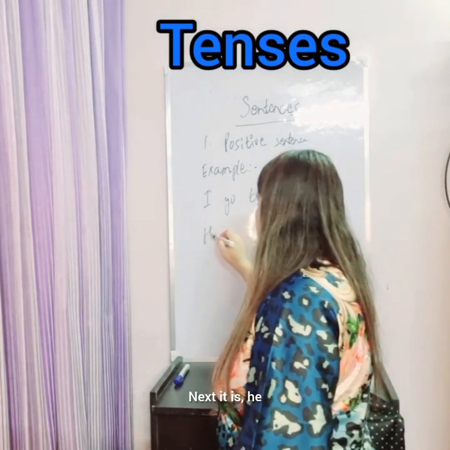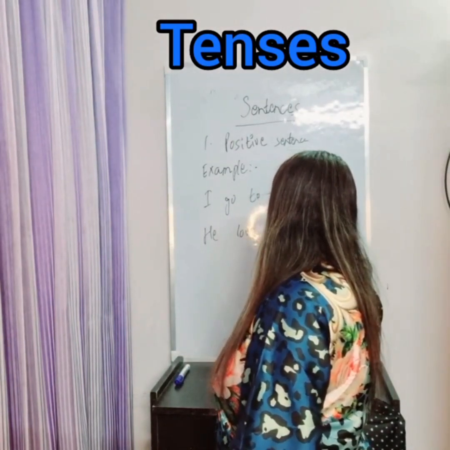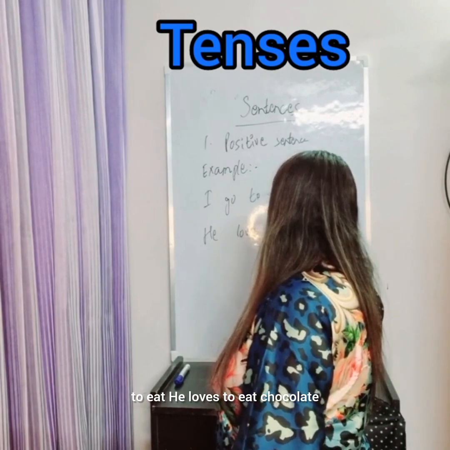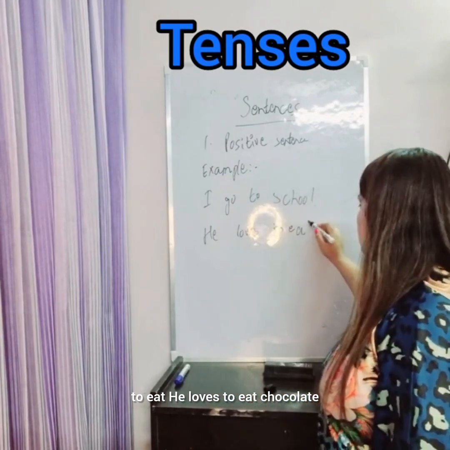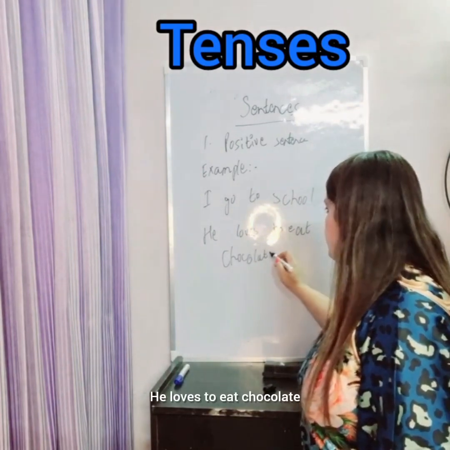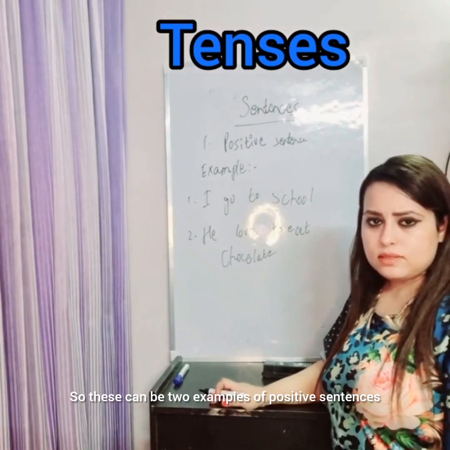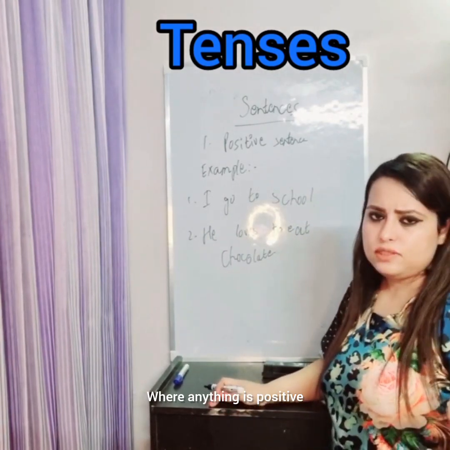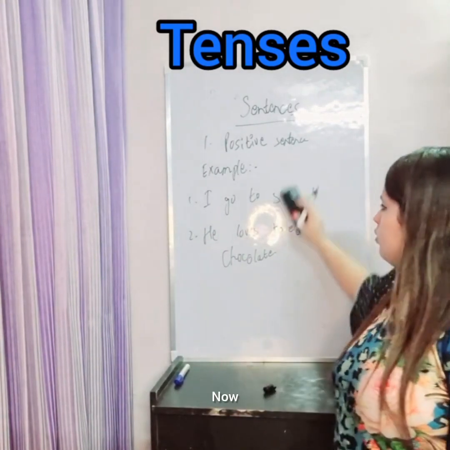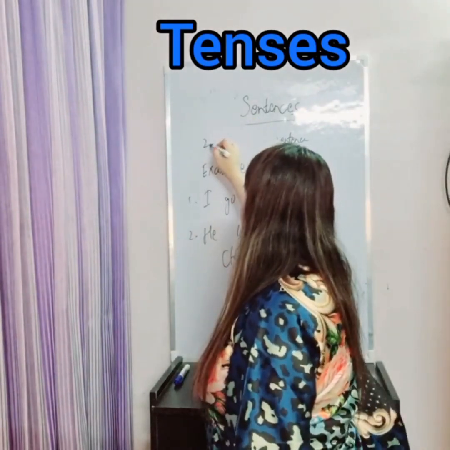Next, he loves to eat chocolate. So these can be 2 examples of positive sentences, where everything is positive, there is no negative. Now, let us study the negative sentence.